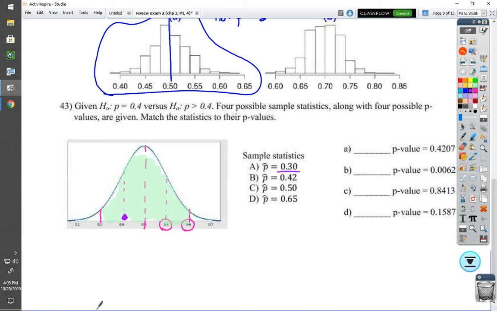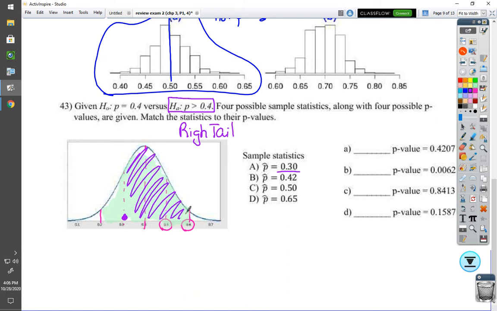When you're looking at a p-value, you're looking to see how much of that area is in the right tail, because remember, this is a right tail test. So I'm going to shade from 0.3 all the way up to the right.